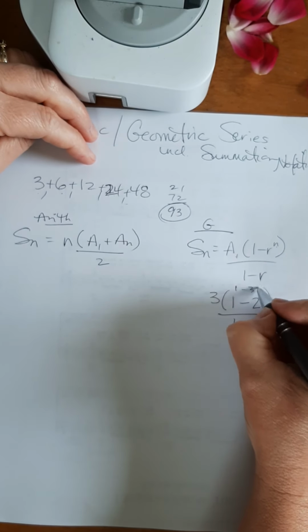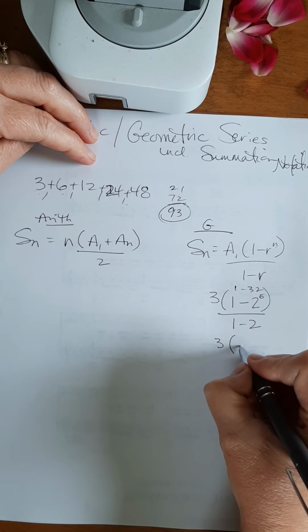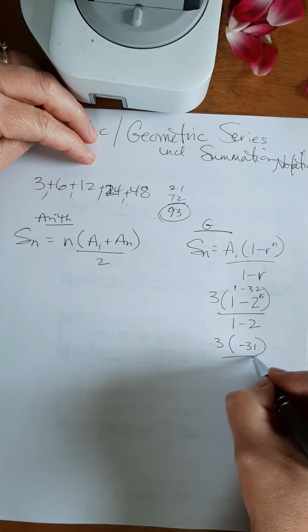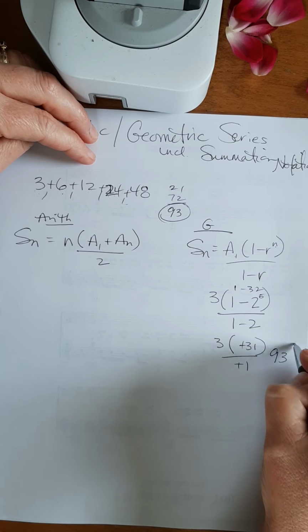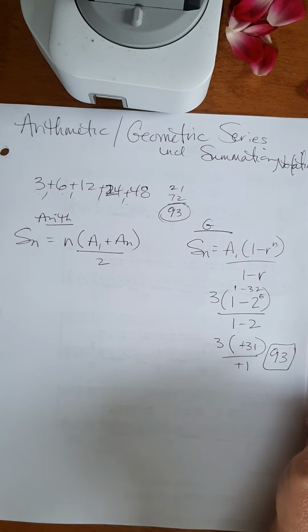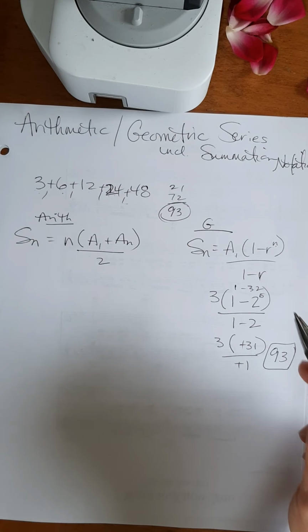So 1 minus 32, so 3 times negative 31 over negative 1, 93, which I'm sure you didn't doubt me. But as you can see, it works.